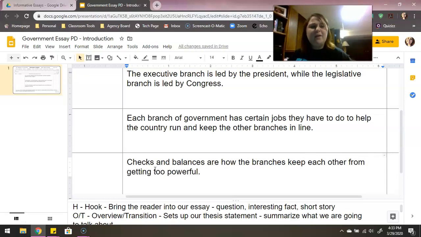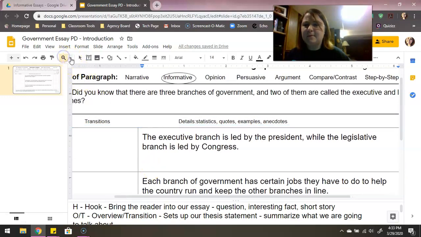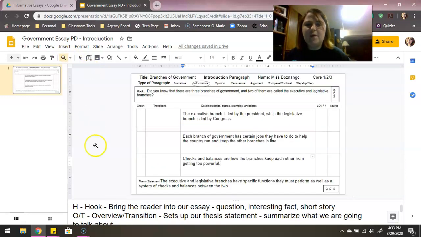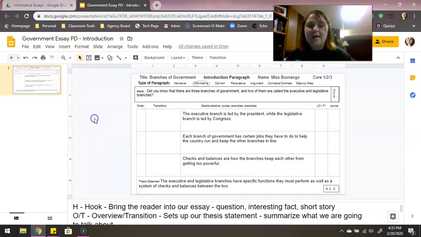All right, I think what I'm going to do here is I'm going to read through my entire introduction and see if it sounds right. So I'm going to kind of make this bigger or smaller. Okay, here we go. Did you know that there are 3 branches of government and 2 of them are called the executive and legislative branches? The executive branch is led by the president, while the legislative branch is led by Congress.